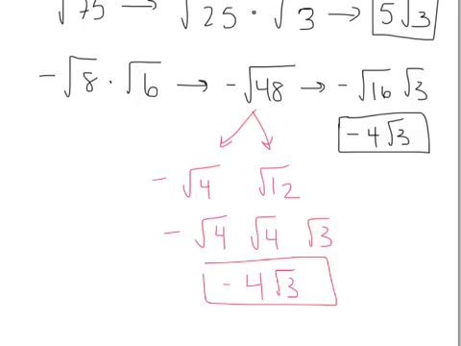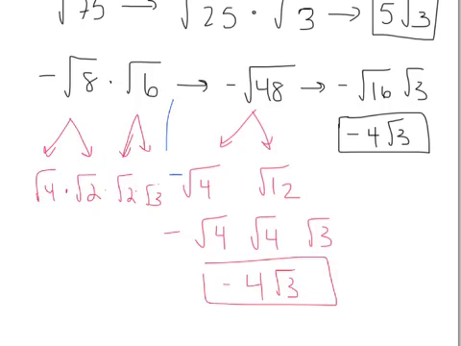If you decided instead to choose a different method and broke this up first, this would be 4 and 2. This can't be broken into perfect squares, but you could break it into root 2 and root 3. Okay, that negative sign was over here.